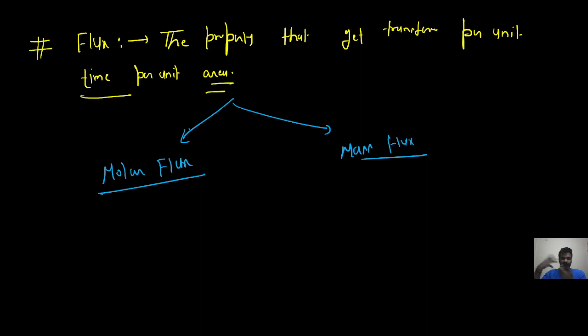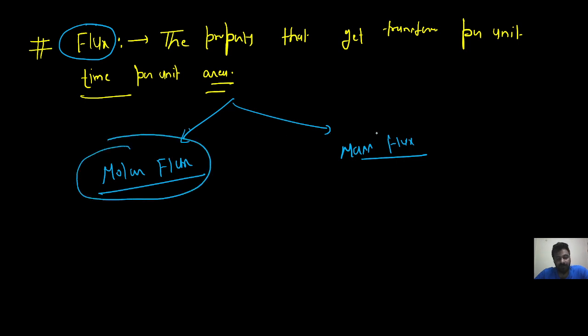The electric flux is the electric field lines passing through per unit area, and the magnetic flux is the magnetic field lines passing through per unit area. Here, the flux is the property passing through per unit area per unit time, called the molar flux or mass flux, because molecules are getting transferred from one component or system to another.